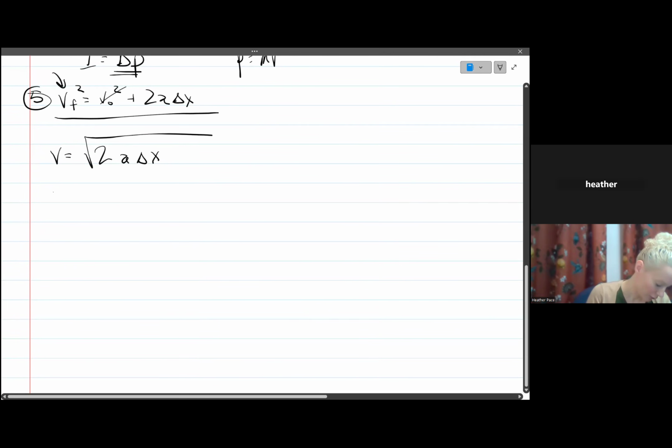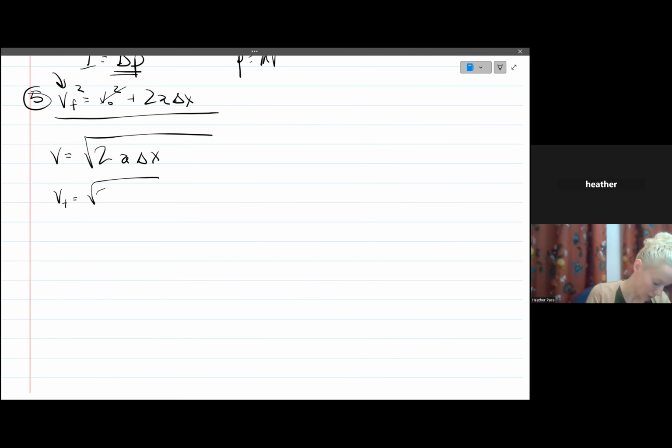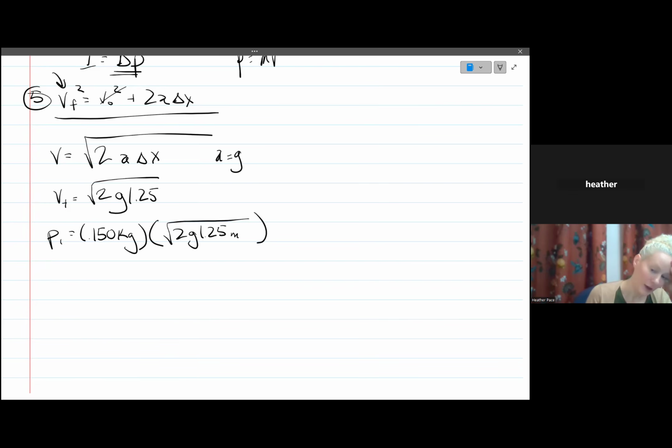Our acceleration is g, and our delta x is 1.25. So that's on the down. So then we have P1 equals, what is our mass? 0.150 kilograms times 2g times 1.25 meters. That is our P1.